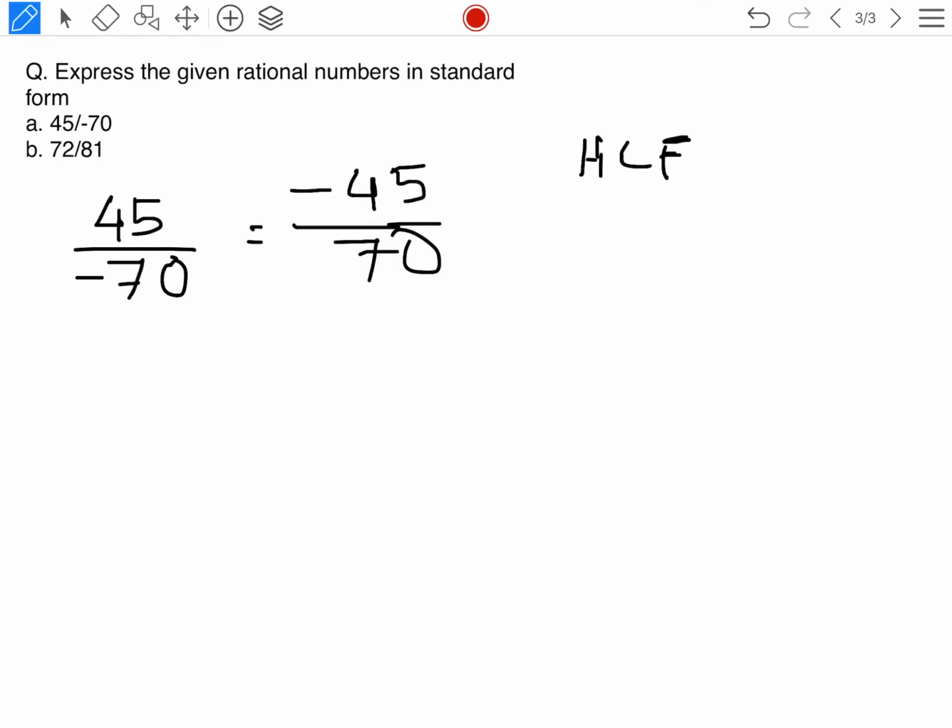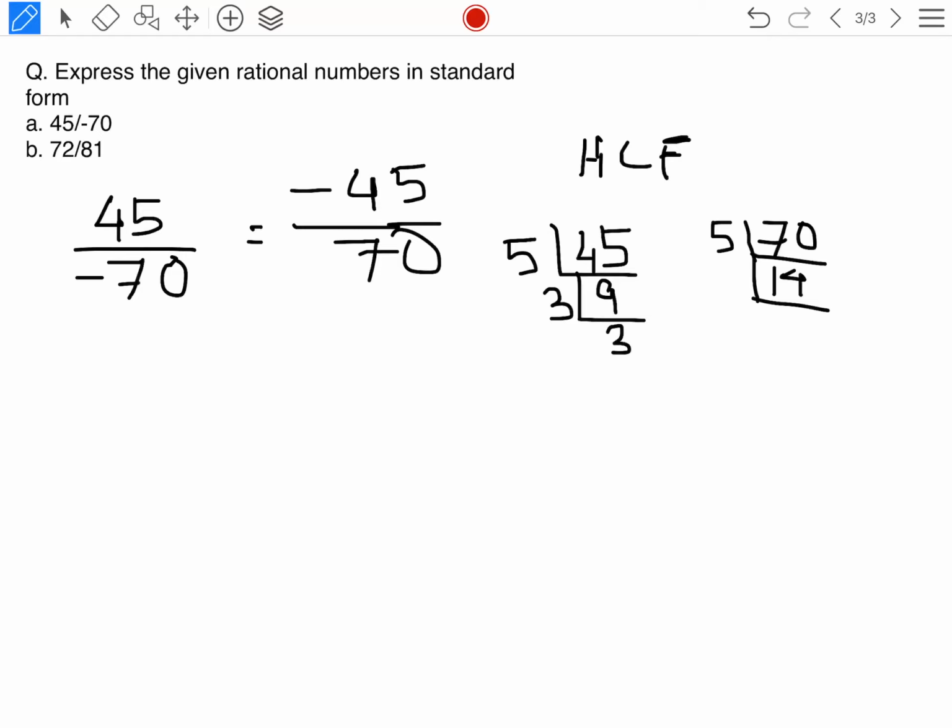Have you forgotten or do you remember? 45 and 70, both can be divided by 5. Yes or no? 5 9s are 45, then 3 3s are 9. Here 5 1s are 5, 5 4s are 20, then 2 7s are 14.